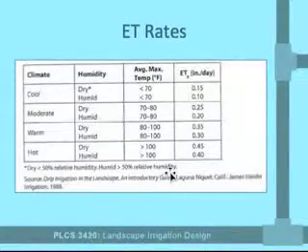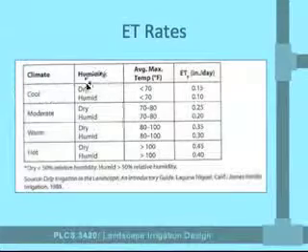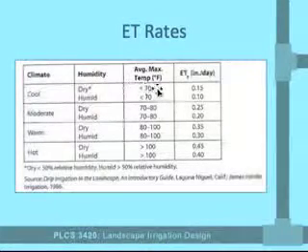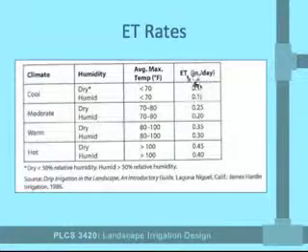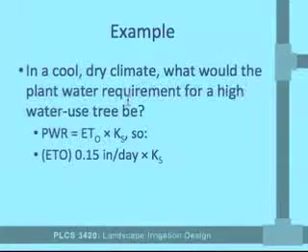Cool, dry climate, average temperature of less than 70 degrees Fahrenheit, has an ET of 0.15 inches per day. So we use that table to get that bit of information. We put that into our equation, so that reference ET is 0.15 inches per day.